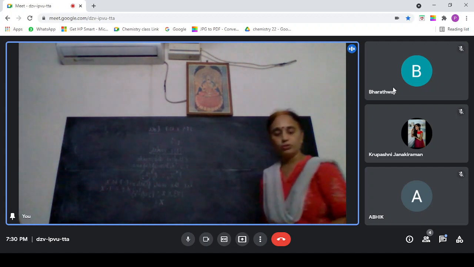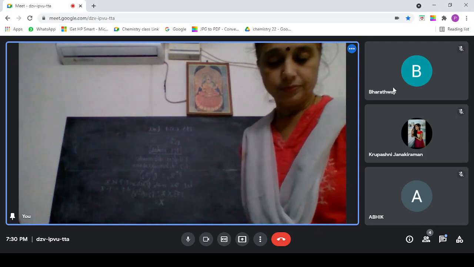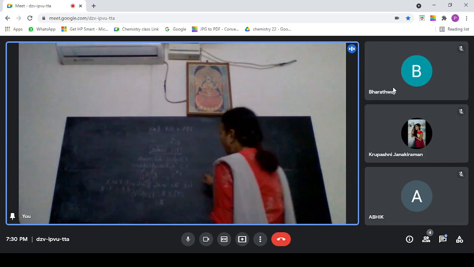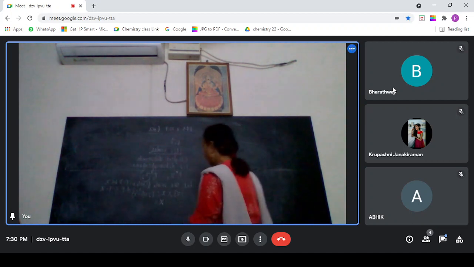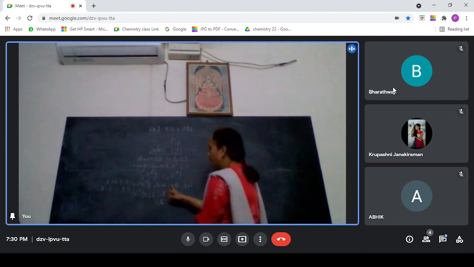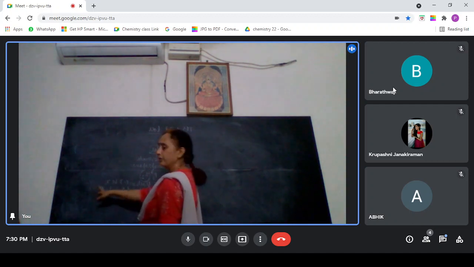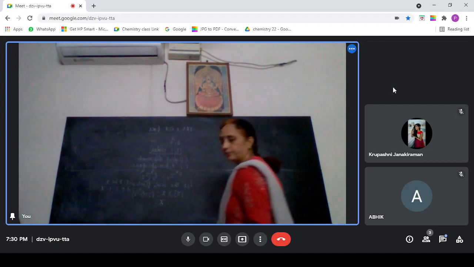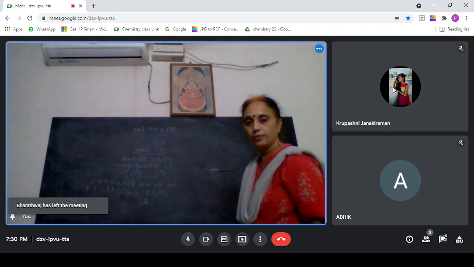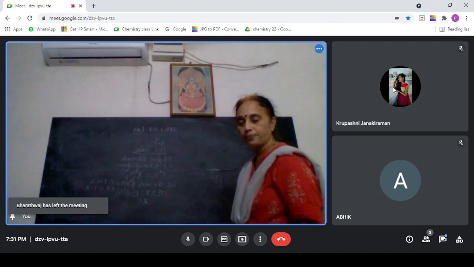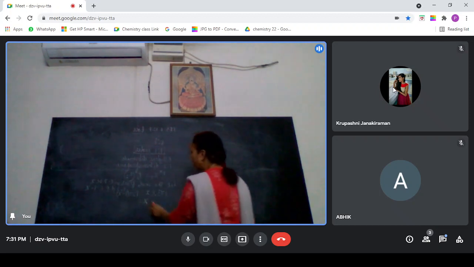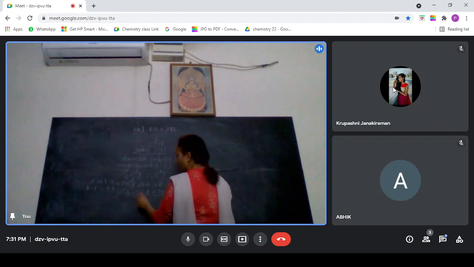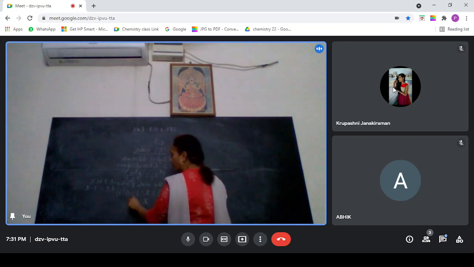If you know X, you will know the other. Do it, write down. Let the mole fraction of ethylene dibromide be X, then the mole fraction of 1,2-dibromopropane will be 1 minus X. Since they are in a 1:1 molar mixture, 173 into X is equal to 127 into 1 minus X.